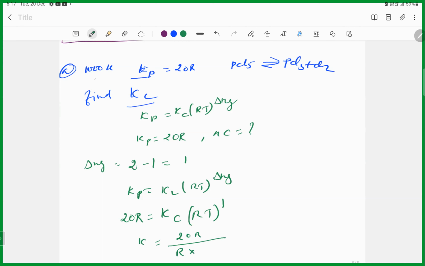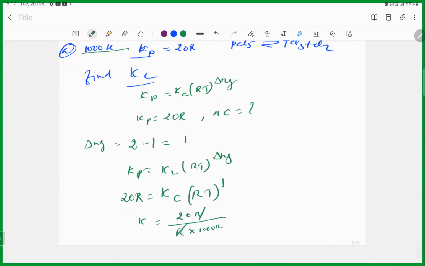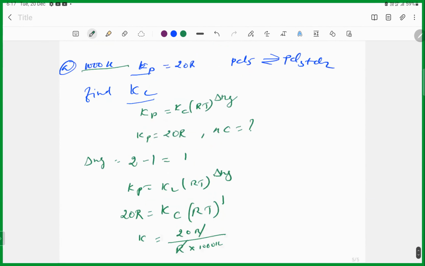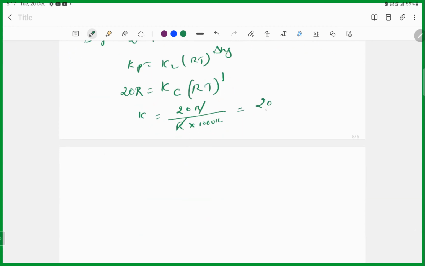What is the temperature? 1000 Kelvin. So R cancels. When you have 20 divided by 1000, that becomes 0.02. So this is how you have to find out.